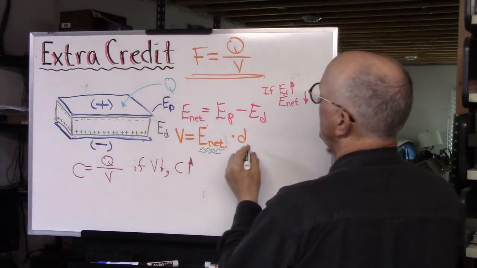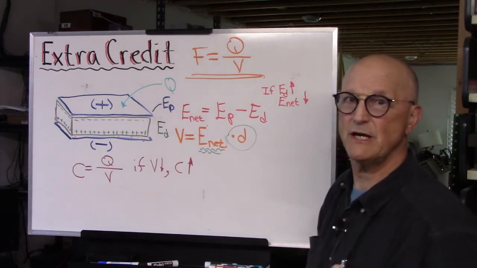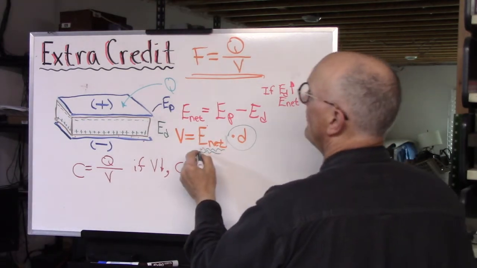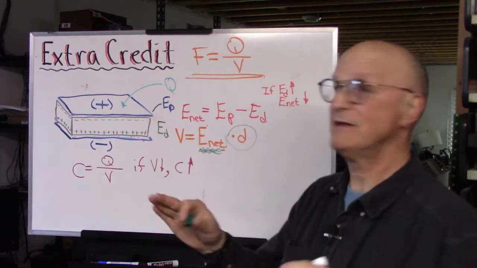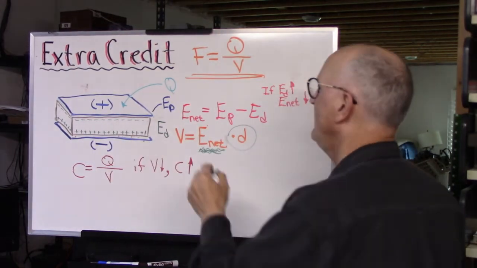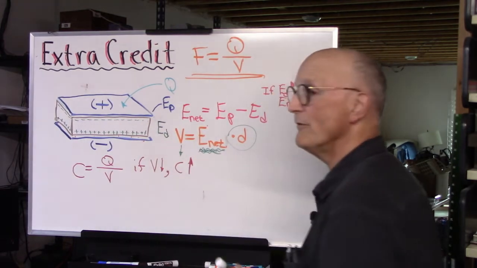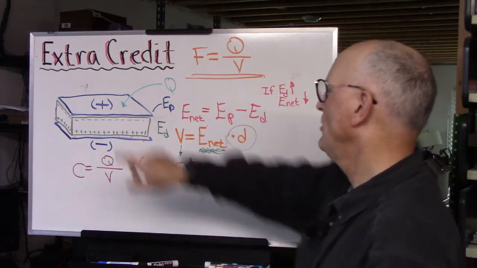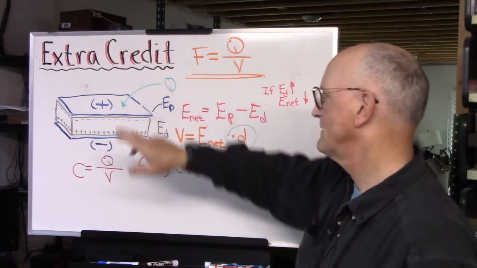The distance between the plates hasn't changed. But what we have done is we've reduced the net electric field in there with this dielectric, and our voltage has no choice but to go down. Now this is assuming we have not changed the charge.